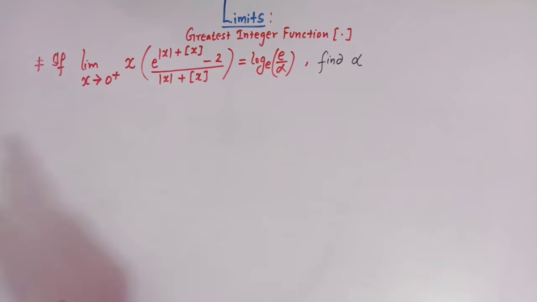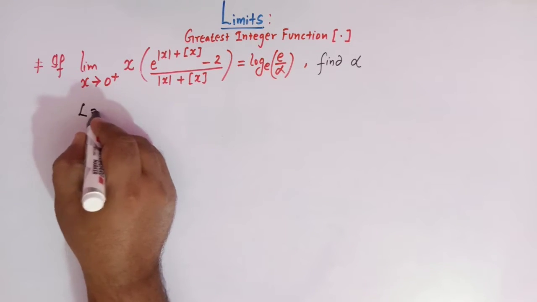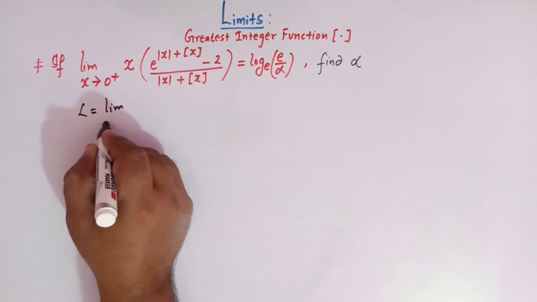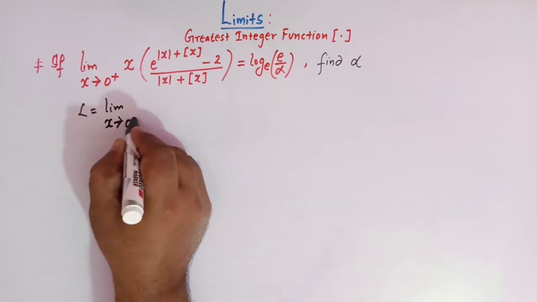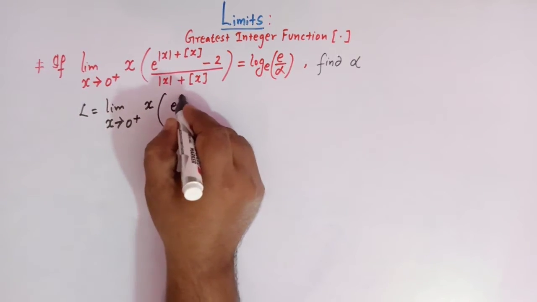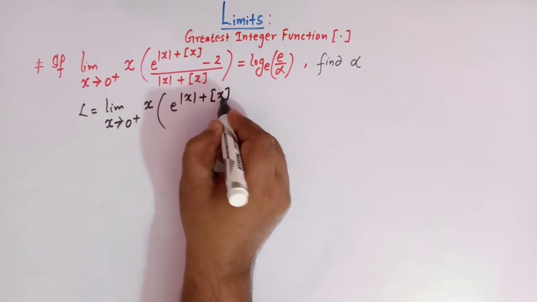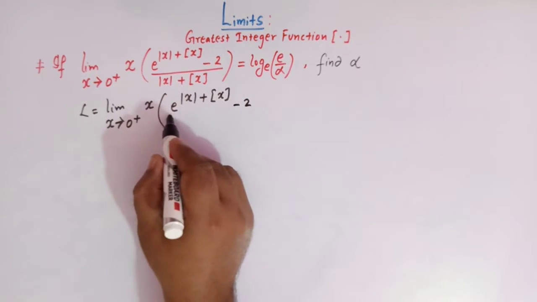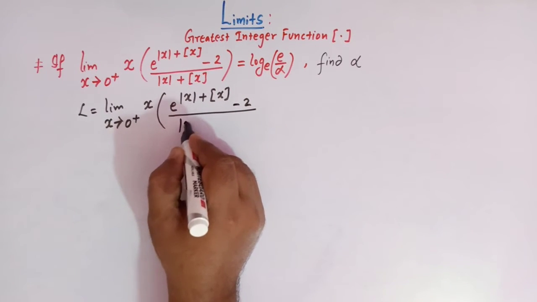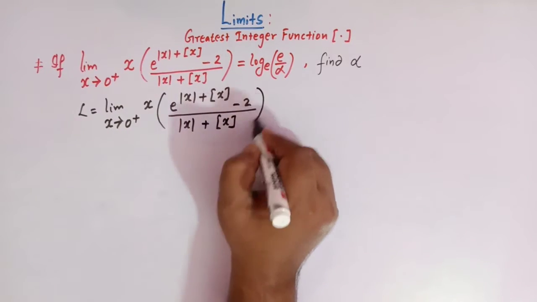Let us first denote this limit by the letter L. So we can write limit x tends to 0 positive of x times e raised to mod of x plus greatest integer of x, then minus 2, over mod of x plus greatest integer of x.